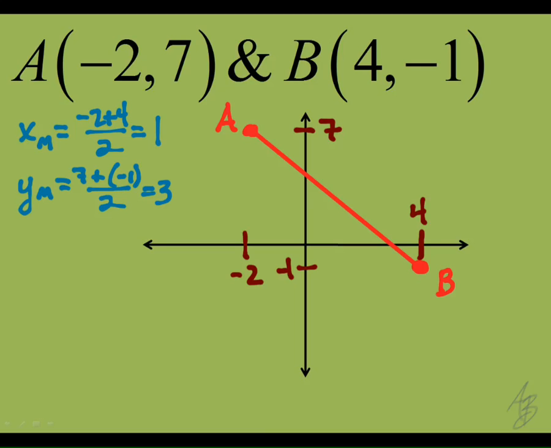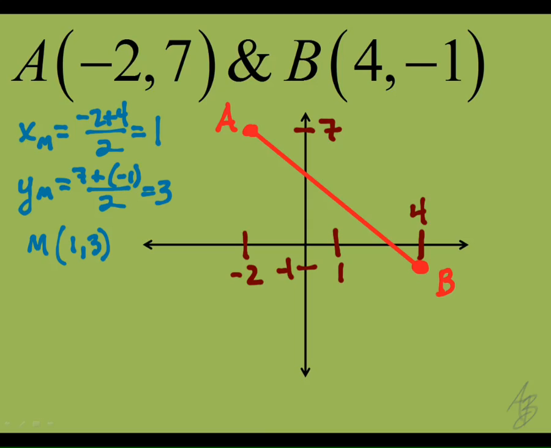So then the midpoint is going to be where? It's going to be 1, 3. At 1, 3. Now looking at the x-axis, about where should 1 be on the x-axis? If this is the origin and this is -2, it looks like this is going to be -1 and the same distance to the right would be +1. Yeah? So right about there.